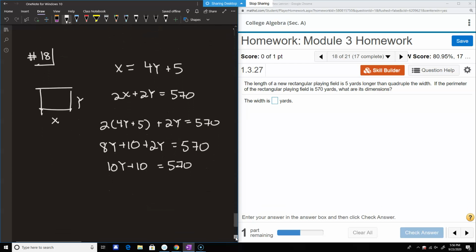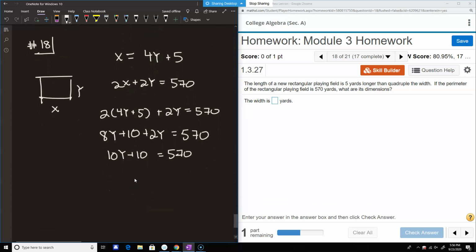That will leave us with 560. So 10y is 560. And then when we divide by 10, we'll just get y is 56. So y is 56. And then the length, x, is 4y plus 5.